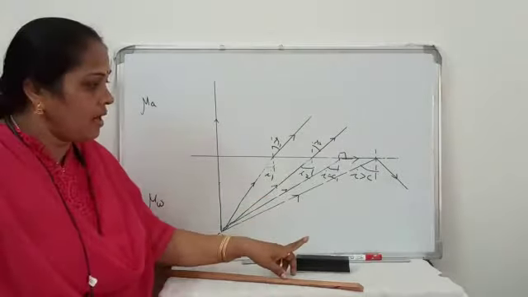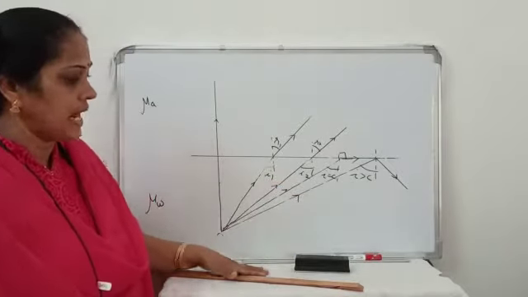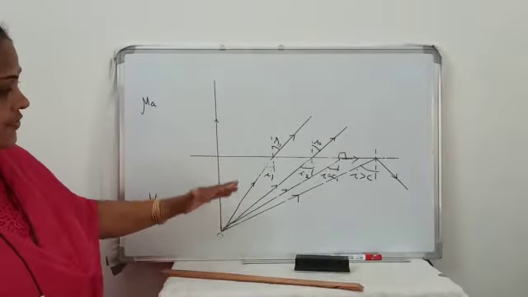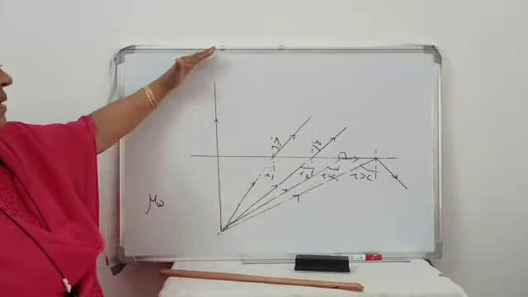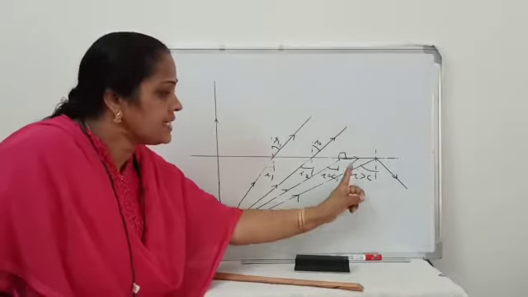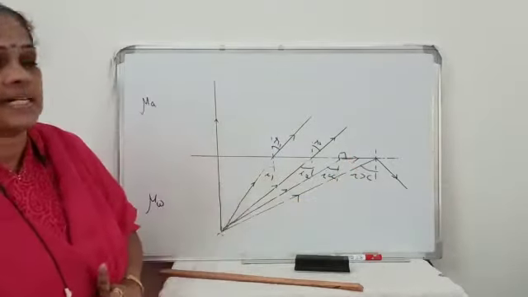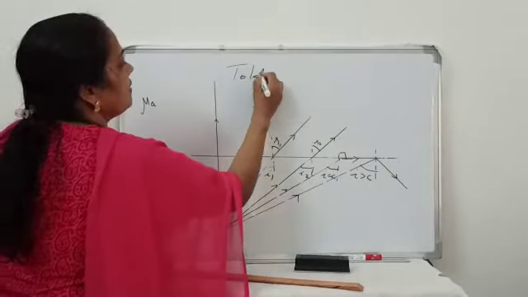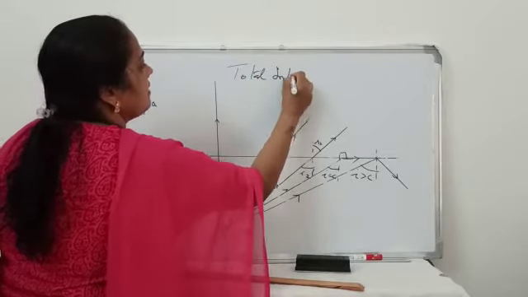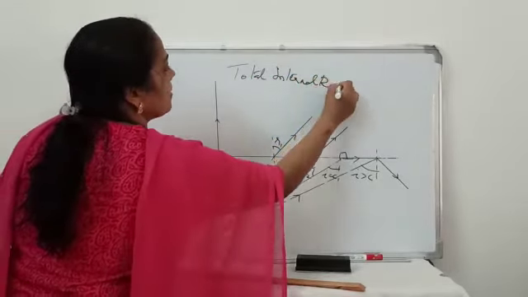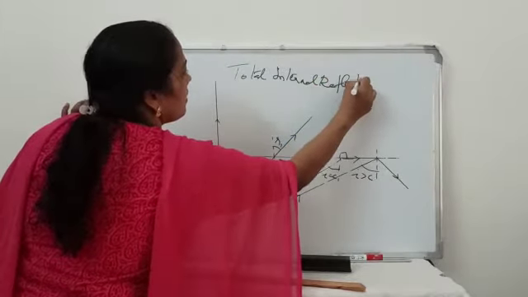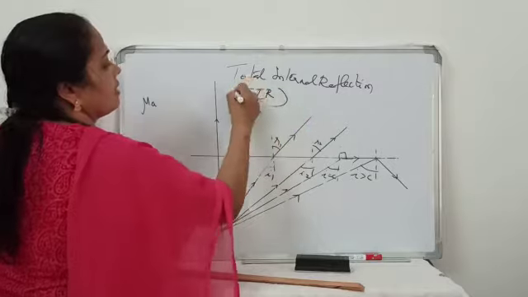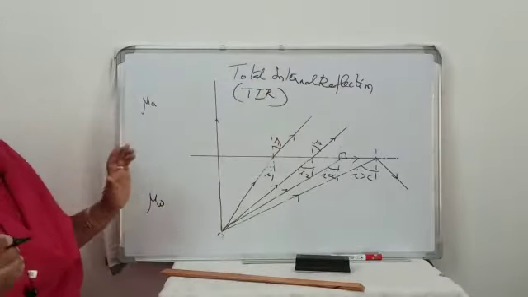This phenomenon of reflection of light into the same medium, when it travels from denser to rarer medium at an angle of incidence greater than the critical angle, is called total internal reflection, or in general we write it as TIR.